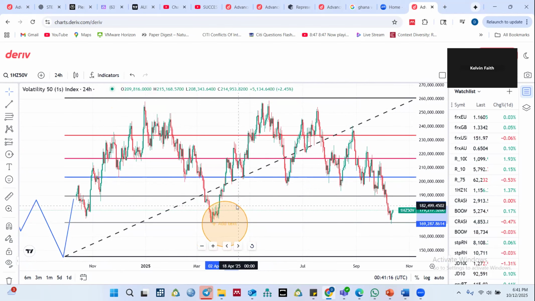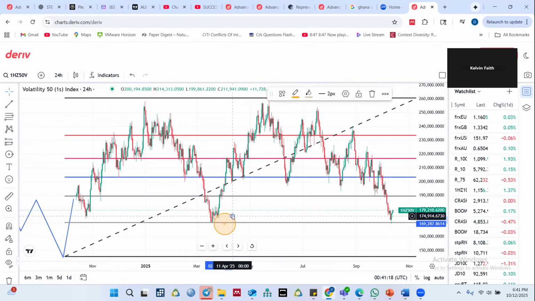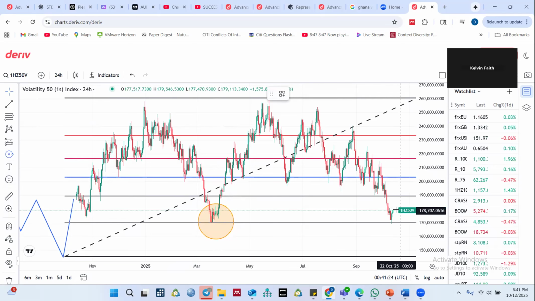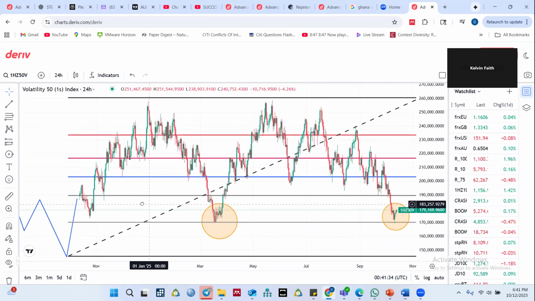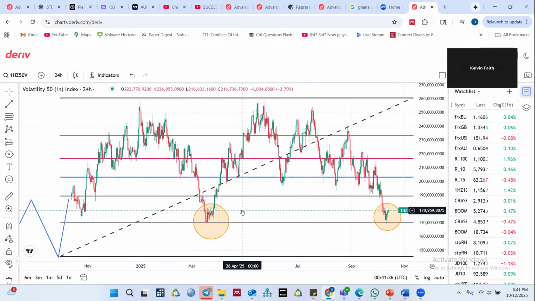We've touched here once, and we are touching it again here. So anywhere there you get two touches and you get a reaction. We can call this place support.